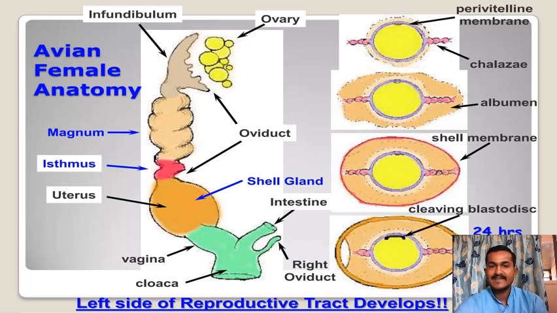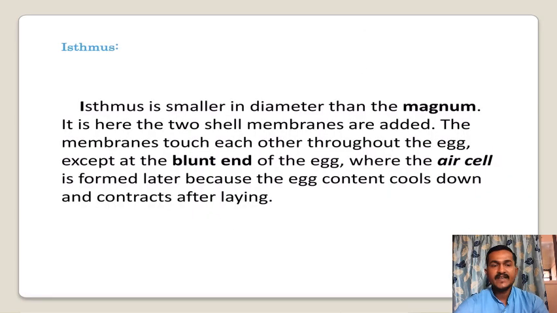It's commonly called the shell gland, and this uterus is followed by a narrow structure known as the vagina, and the last part is known as the cloaca. Clear? Okay.